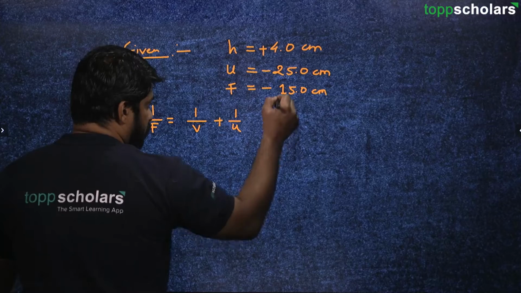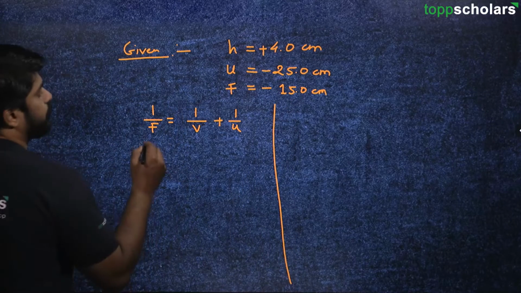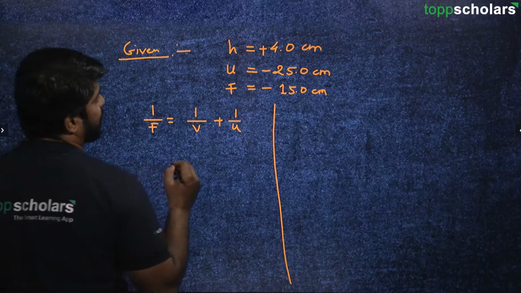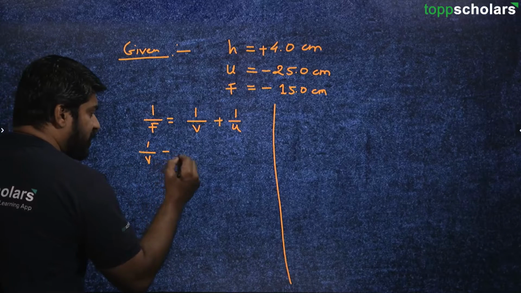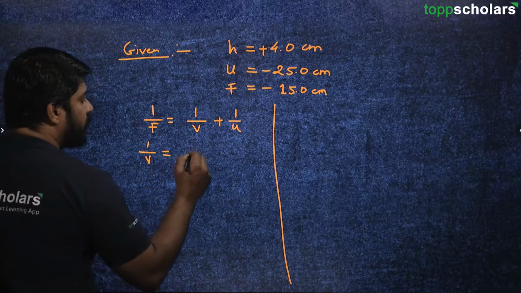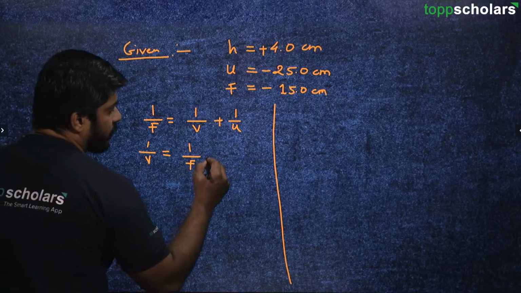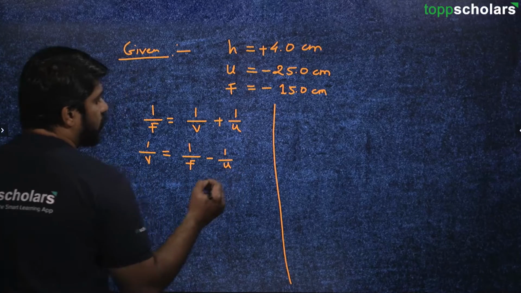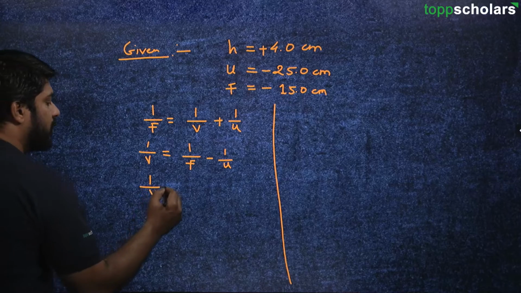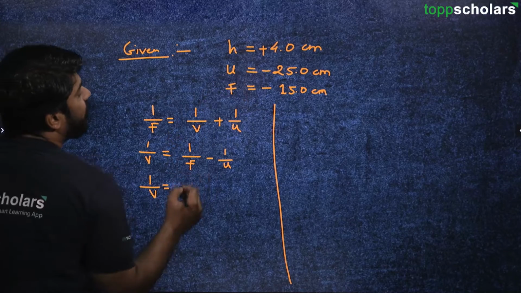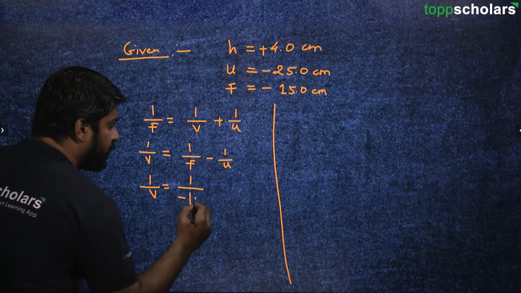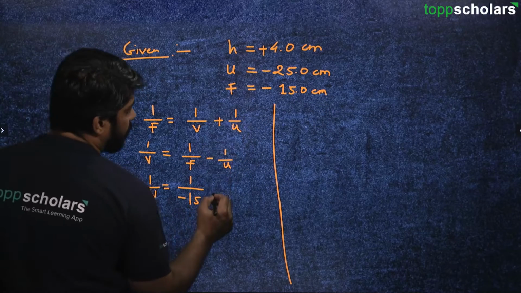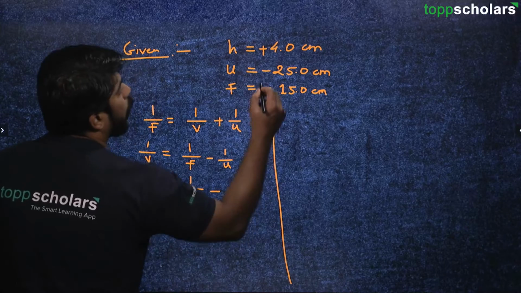And what we want here is the image distance, right? So if we just rearrange this equation, 1 upon v would be equal to 1 upon f minus 1 upon u. So let's put all the numbers. 1 upon v would be equal to, what is f? f over here is minus 15 centimeter, then minus 1 upon u.